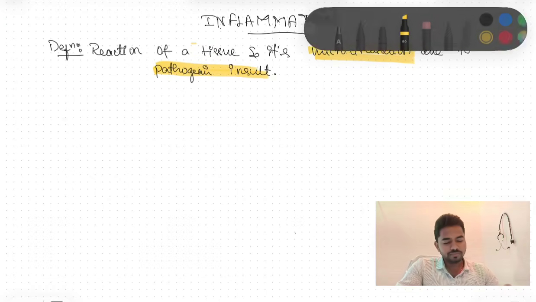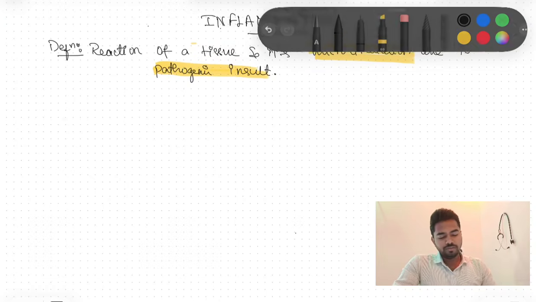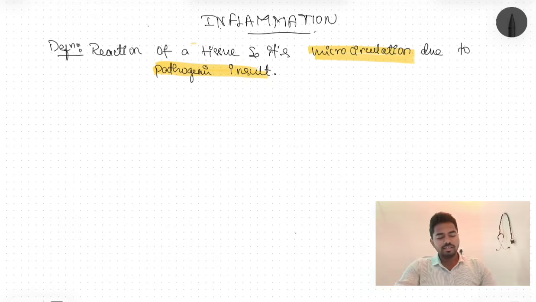Okay. Next, before going to types of inflammation, let's see cardinal signs of inflammation. Why is this important? Guys, our main goal is to diagnose the disease, right? To diagnose, we have to elicit some signs in a patient. To diagnose that it is an inflammation, we have to look for these five signs.